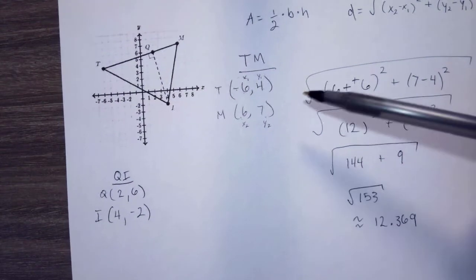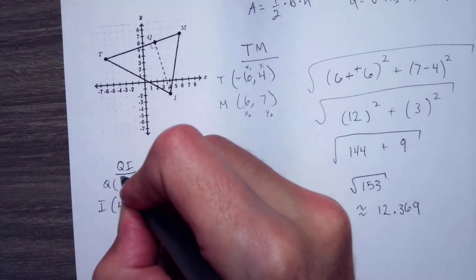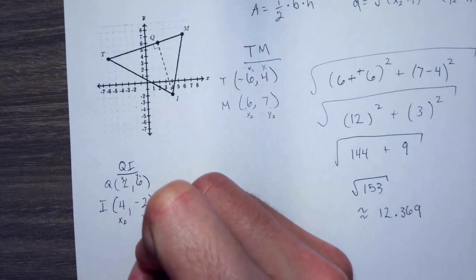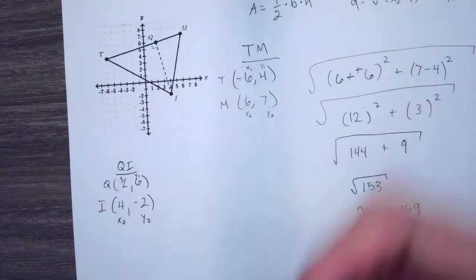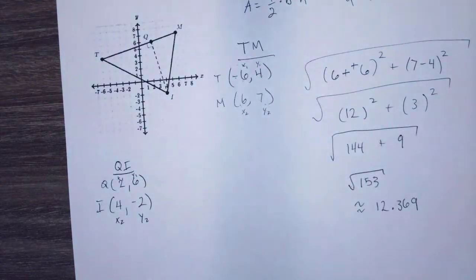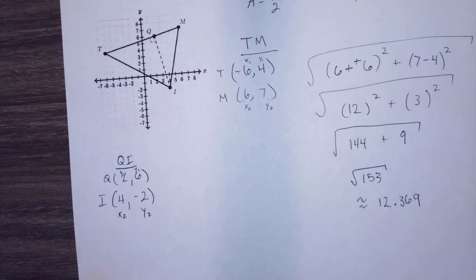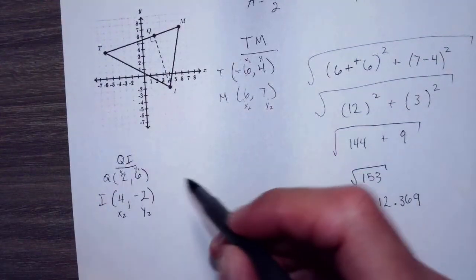And I'll do the same exact thing. Maybe label this x1, y1, x2, y2. Those could have been reversed. I could have written I first. In that case, it would have been x2, y2 for Q and x1, y1 for I. And then I'll put them in the distance formula.